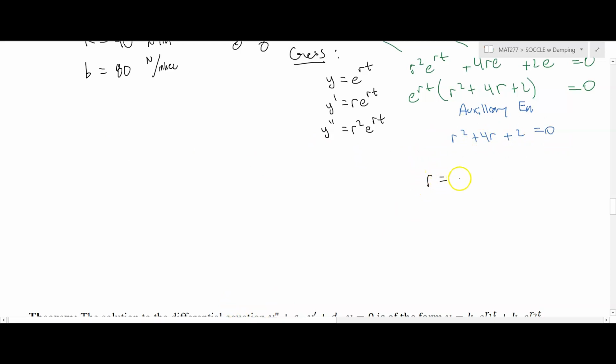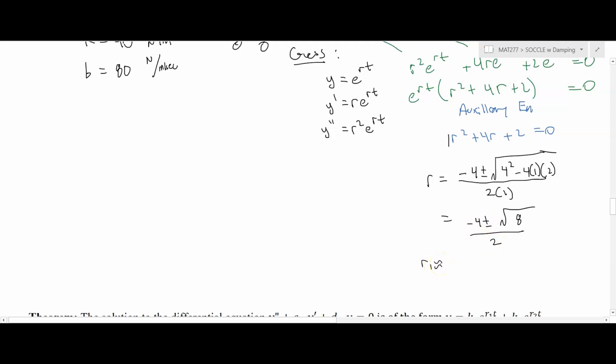So r is going to equal negative b, so there's my b, plus or minus the square root of b squared minus 4 times a, which is 1, times c, which is 2, divided by 2a, which is 2 times 1. So cleaning that up a bit gives me negative 4 plus or minus the square root of 16 minus 8 is 8, over 2. And so this is going to give me two approximations.